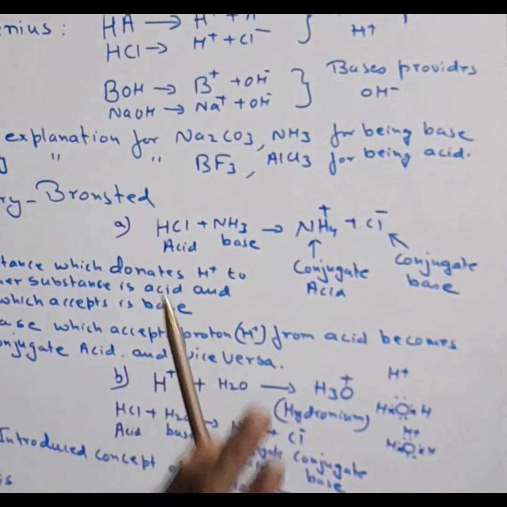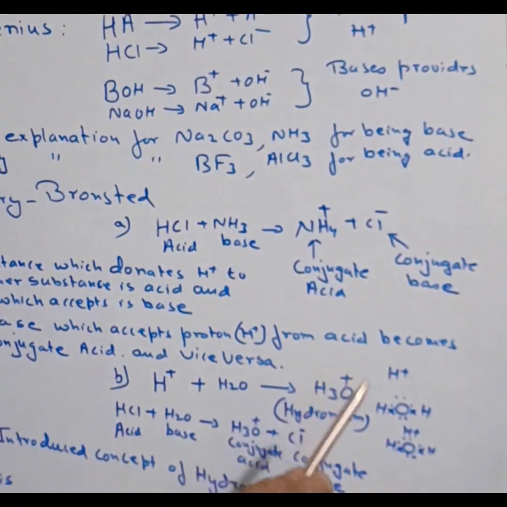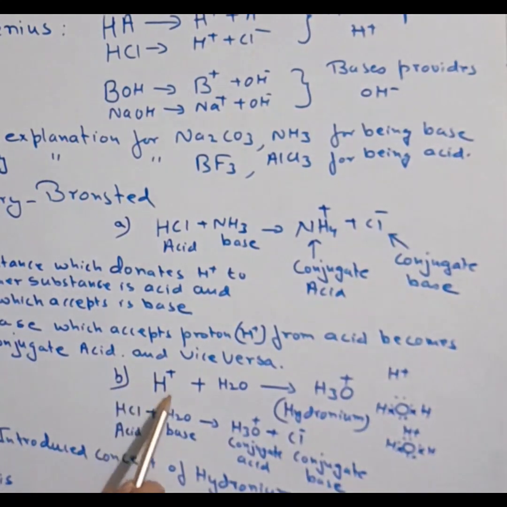Now let's understand a reaction where H3O+ is formed. So HCl plus water. HCl reacts with water. It provides its proton to H2O, forms H3O+, and HCl forms Cl−.